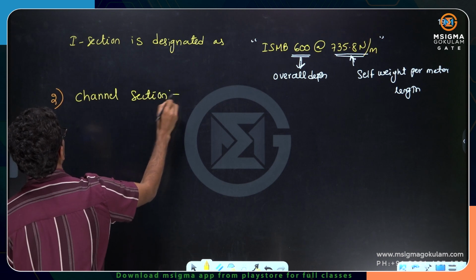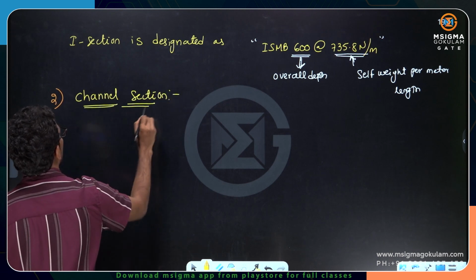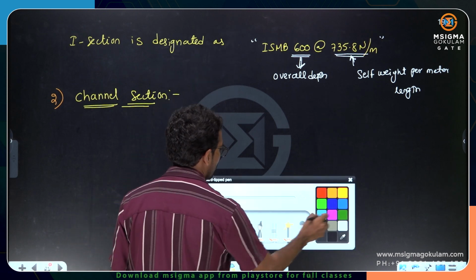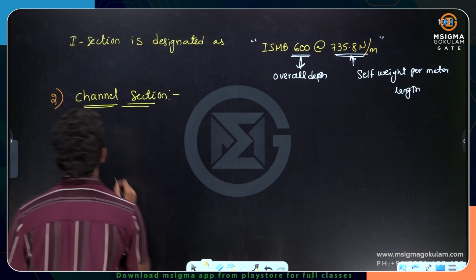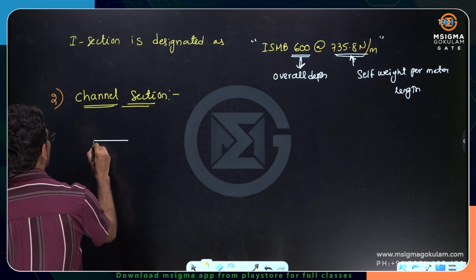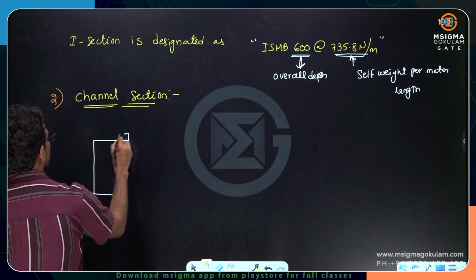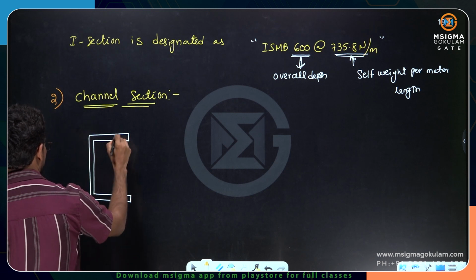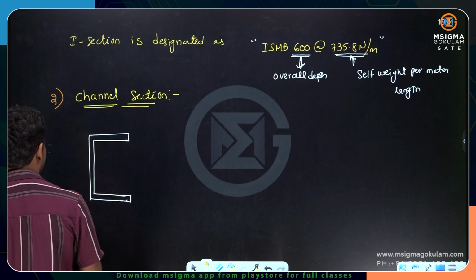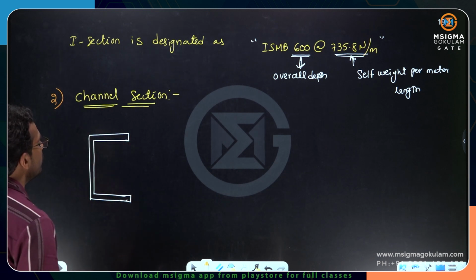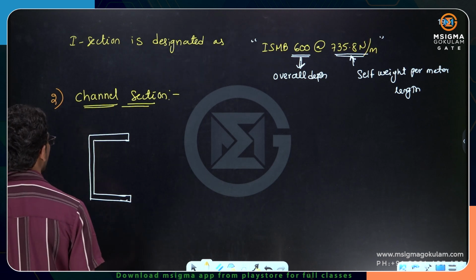How does the channel section appear? The channel section looks something like this. It also has two flanges and one web. These are the flanges, and this is the web.